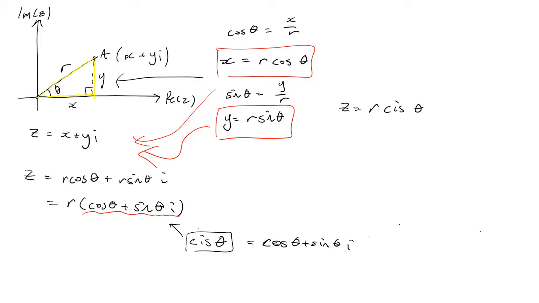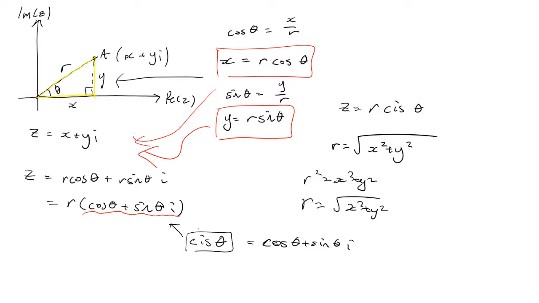Now, you should notice from vectors that r is equal to the square root of x squared plus y squared. This is Pythagoras' Theorem. So r squared equals x squared plus y squared, so r is equal to the square root of x squared plus y squared.